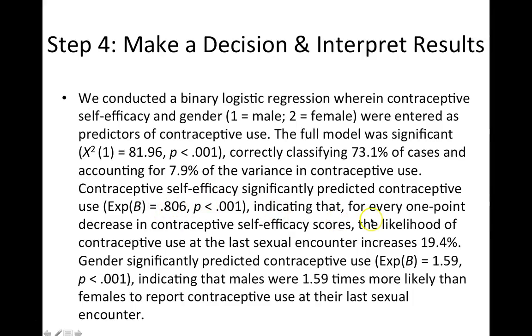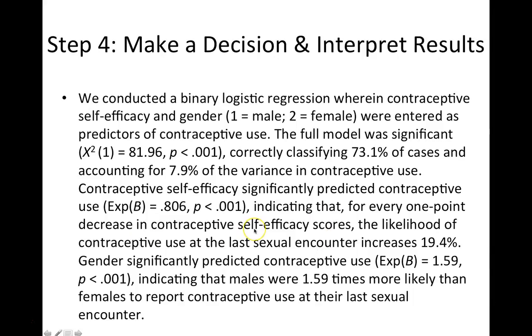We interpret that as, for every 1 point decrease in contraceptive self-efficacy scores, again, remember that's a negative value on the beta and less than 1 on our exponentiated beta, the likelihood of contraceptive use at the last sexual encounter increases 19.4%. We have to think about the double negatives in this situation.